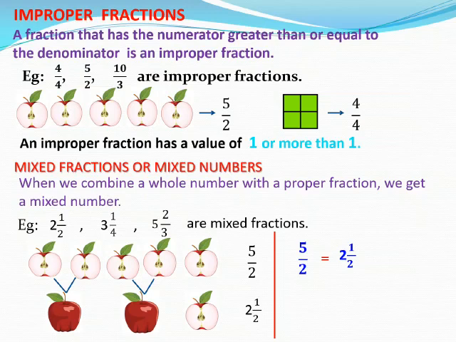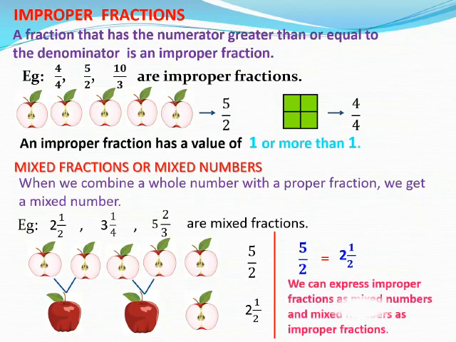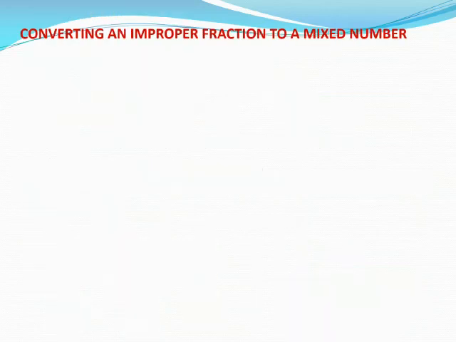So we can conclude that we can express improper fractions as mixed numbers and mixed numbers as improper fractions. Right, children? You understood that we can convert an improper fraction to a mixed number and a mixed number to an improper fraction.